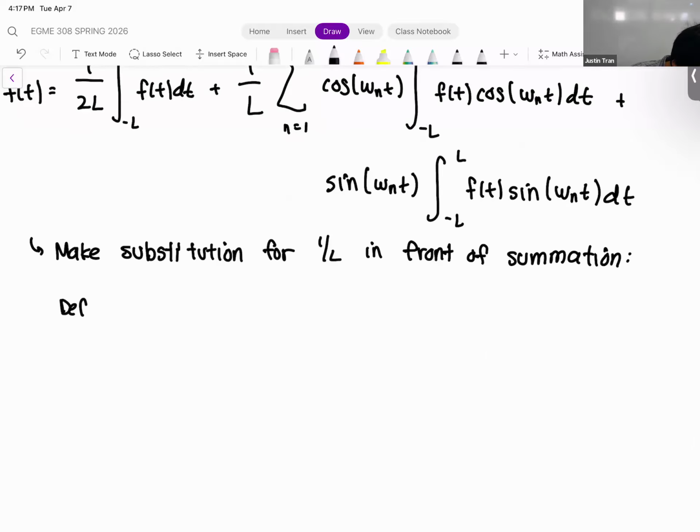So to do that, we are going to have to pull something a little bit out of our bag of tricks here. We're going to define a new variable, right? The new variable that we're going to define is delta omega, which represents a change in omega.